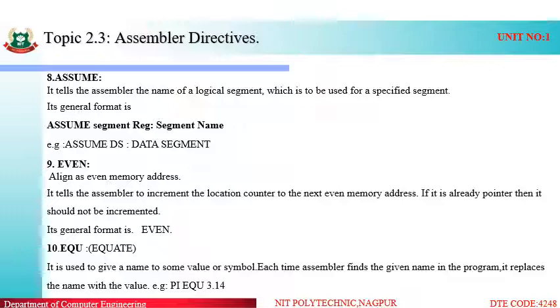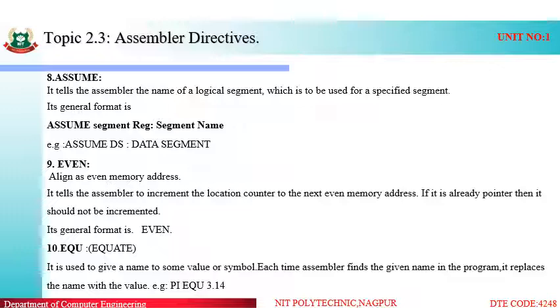So what we have done here is we are assuming DS. Wherever DS is written, it will be treated as data segment. Wherever CS is written, it will be treated as code segment. So we are just assuming that the particular name is of that particular segment.